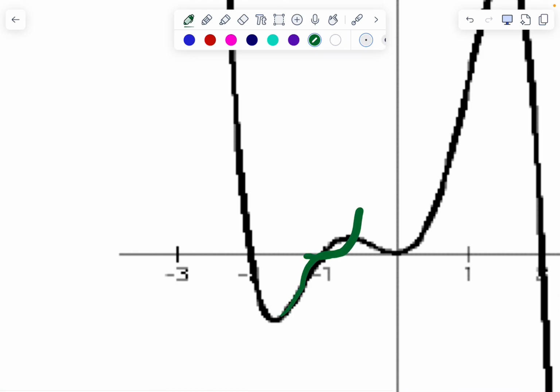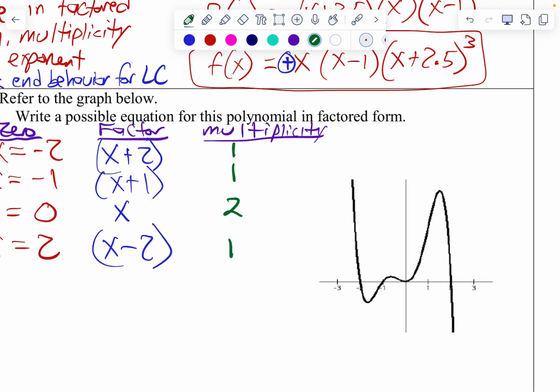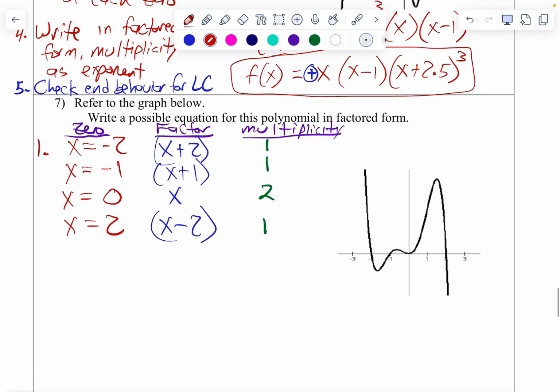You know, it would curve right at the 0, but it's not. So it's curving after it passes through. So it's actually just a multiplicity of 1. Okay, how about at x equals 2? Good. It bounces off, so it's 2. And then also 1 again. Okay? So now we go write this list out.